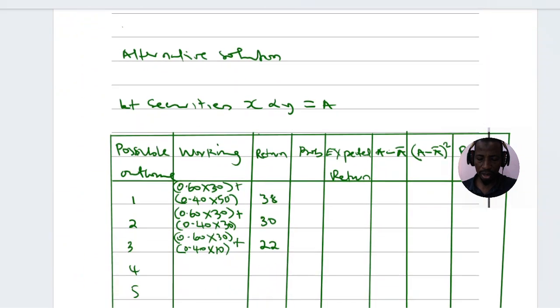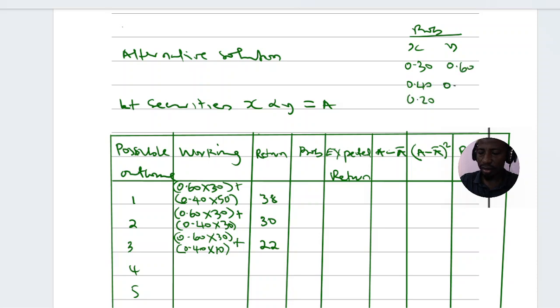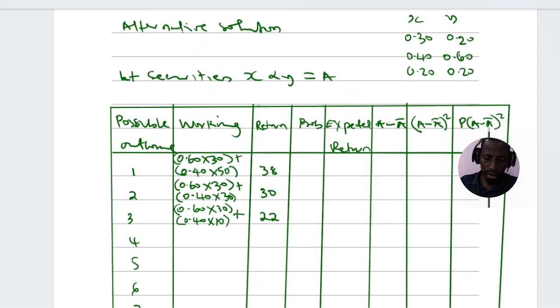So let me do it this way so that we are not switching pages. This is security X, this is security Y, probability. This one is 0.3, 0.4, then 0.2, 0.6, 0.2, 0.6, then 0.2. Okay, so we are done with that option.